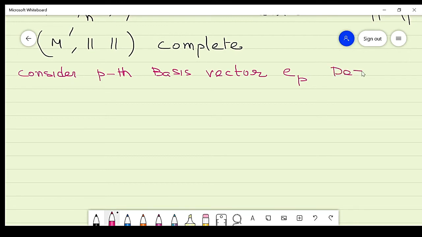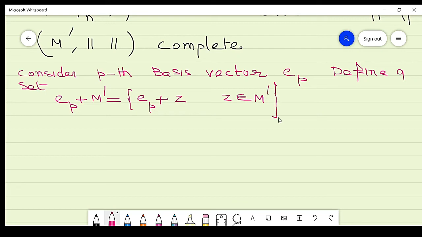Now define a set which is Ep plus M dash. What is M dash? M dash is spanned by p minus 1 vectors. One vector was left, so that we take as an addition. Now this is the set of Ep plus Z, and this Z belongs to M dash, right?